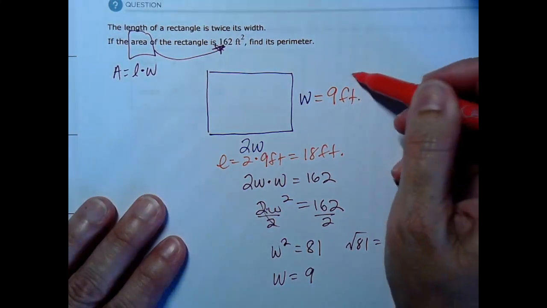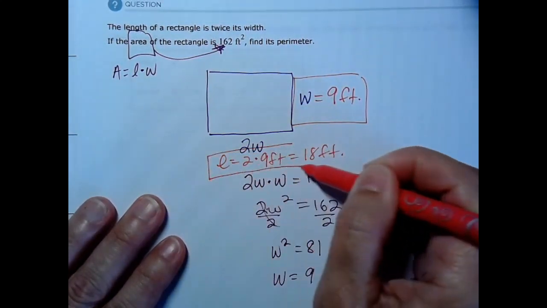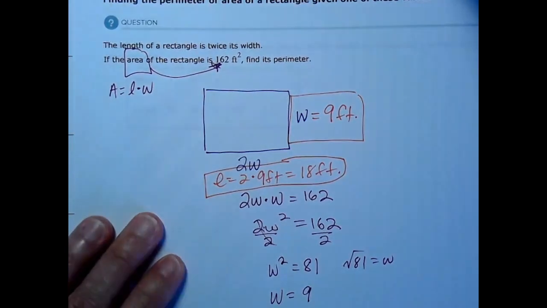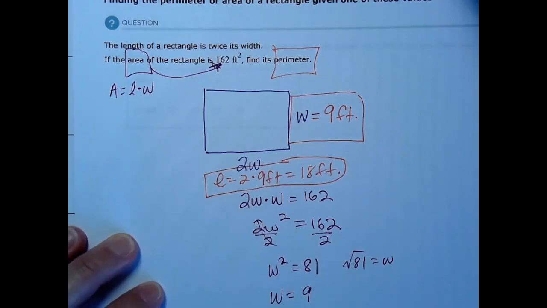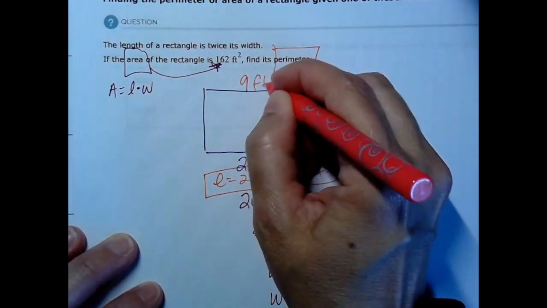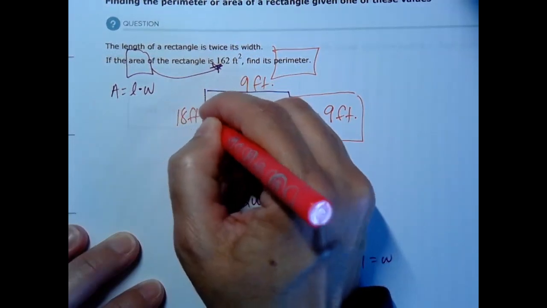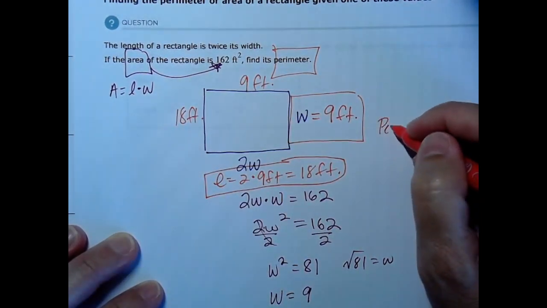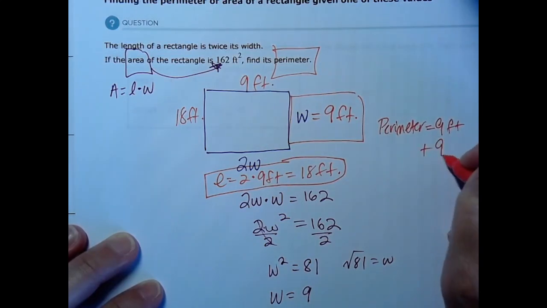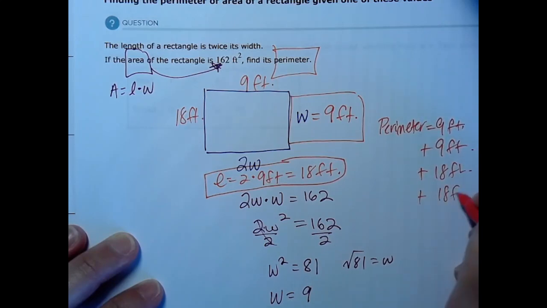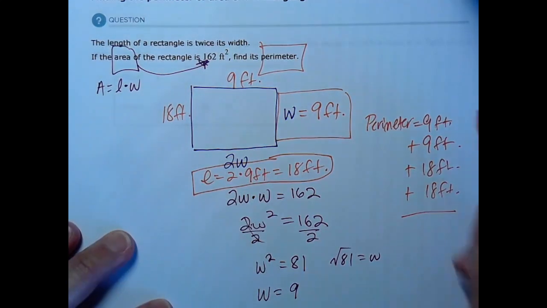Once again, I know my width and I know my length now, but this problem asks for perimeter. So I will have to take the dimensions of the rectangle, and my perimeter will be equal to 9 feet plus 9 feet plus 18 feet plus 18 feet. 9 plus 9, that's 18, and then 18 more, and then 18 more.